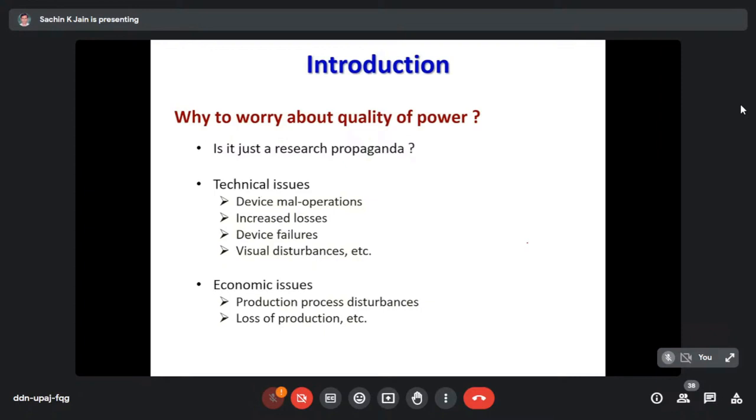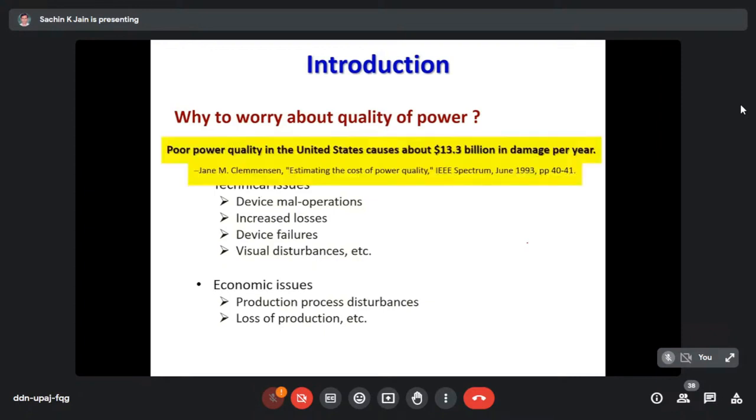In fact, I have collected some data from different newspapers and magazines on how it is impacting the economy. Poor power quality in the US causes about 13.3 billion dollars in damage per year. This is the IEEE Spectrum magazine report of June 1993.